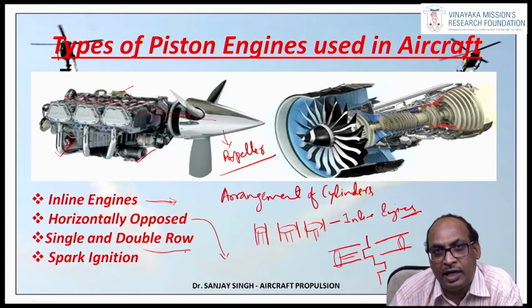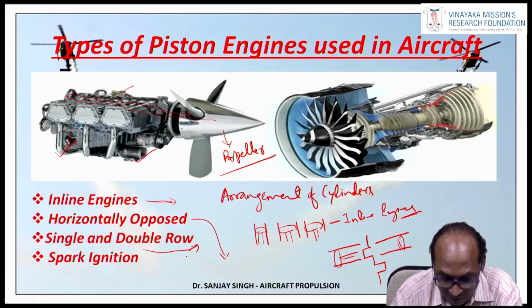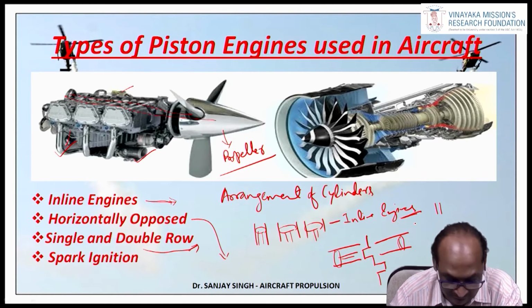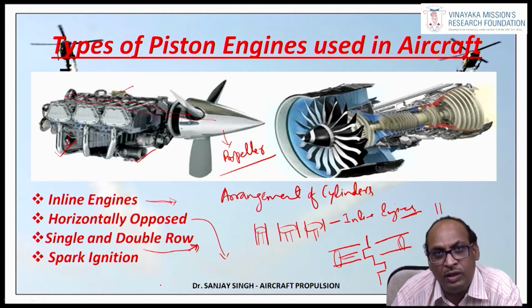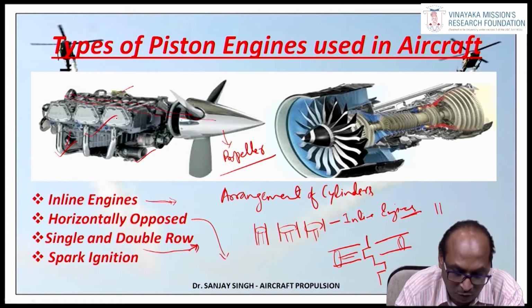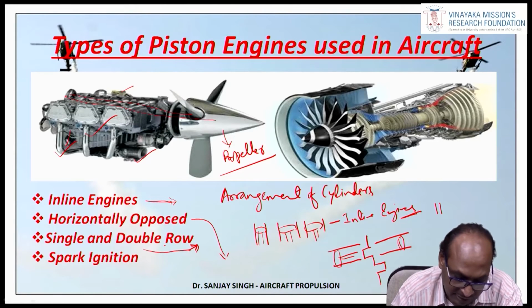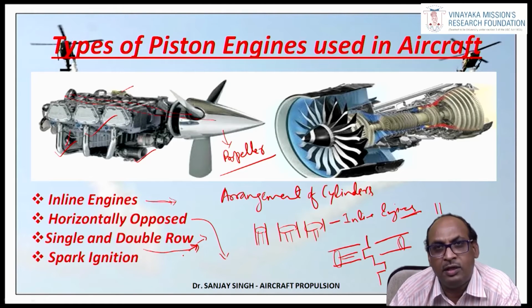In olden aircraft we were using single and double rows, 2 rows of cylinders, one row in the front and another at the back. Nowadays this arrangement is not found; especially horizontally opposed engines only are used. But in old aircraft we can sometimes find two rows of cylinders used to enhance power.